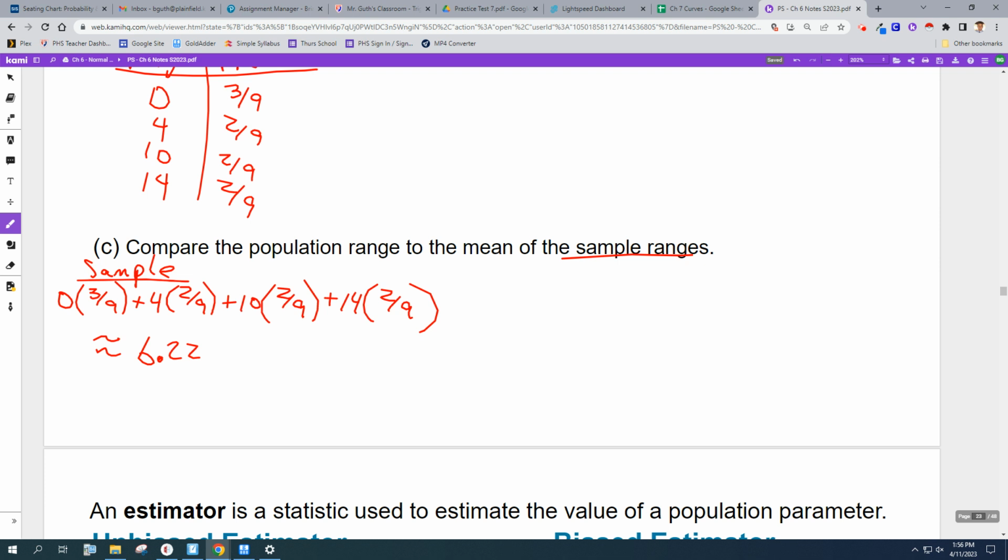The population is usually just going to be whatever you would do to find the range, whatever formula it would be. So we're finding the range for your population, and those three numbers were what? 56, 46, and 60.